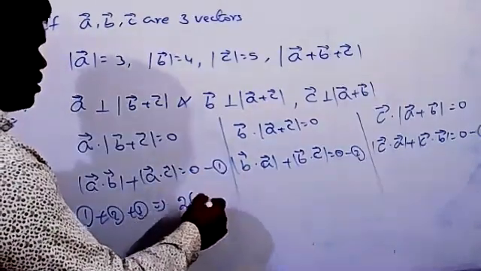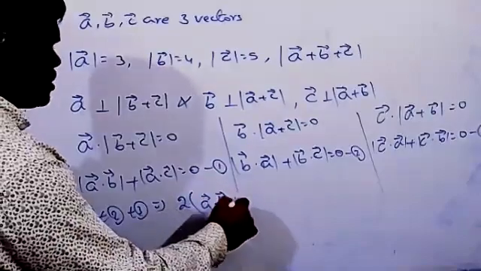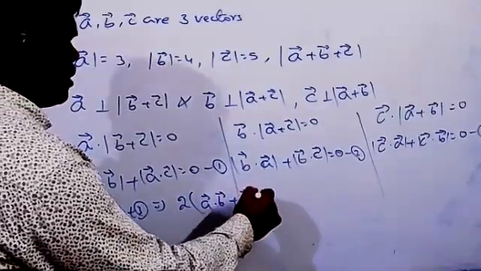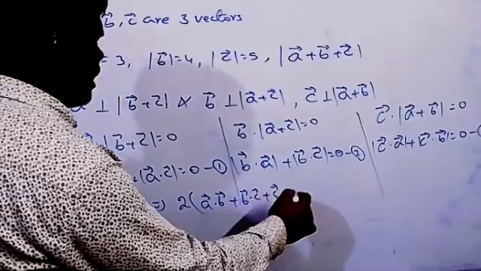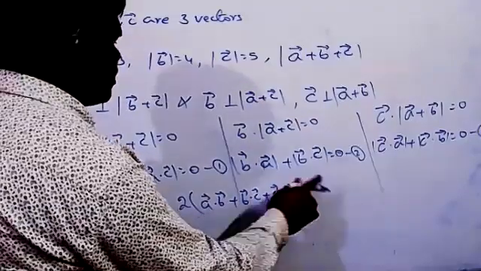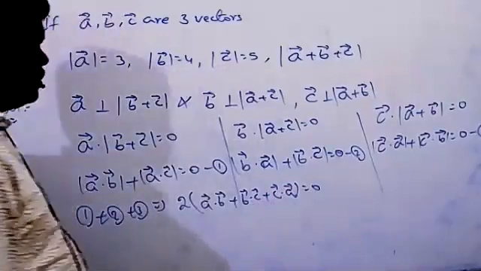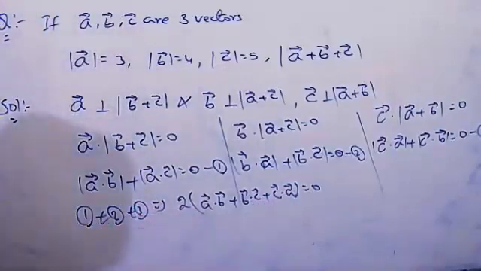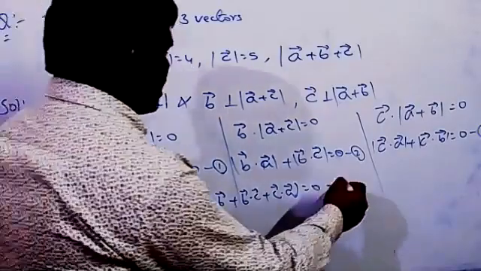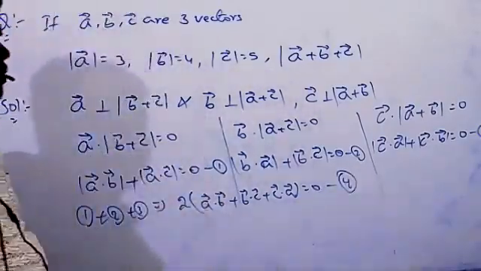2 into (A dot B plus B dot C plus C dot A) is equal to, clearly we got now, 0. This is also required for us. If you want, you can take equation number 4 here. Now we require the value of this one.